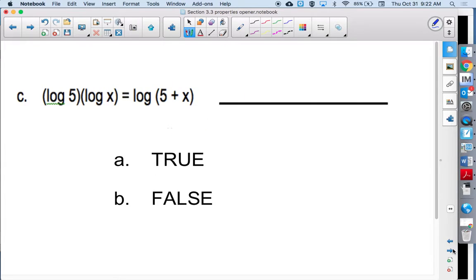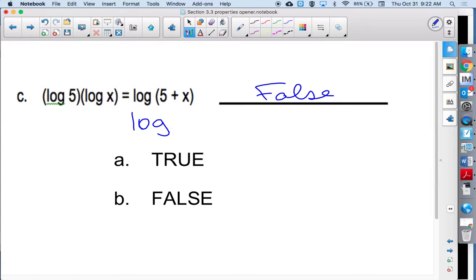Number 3 says the log of 5 times the log of x equals the log of 5 plus x. False. Why is that false, Josh? Because it would be log 5 plus log. Right. Say again. Log 5 plus. Oh, I'm sorry, I was looking at it.